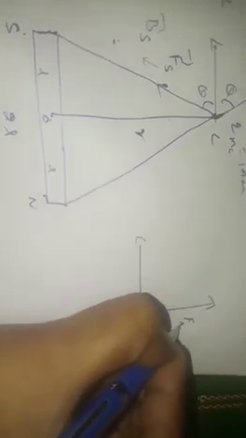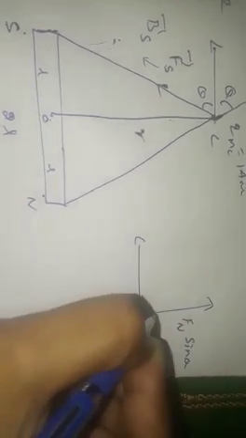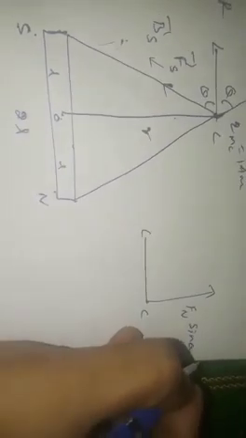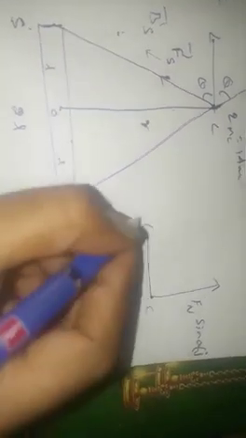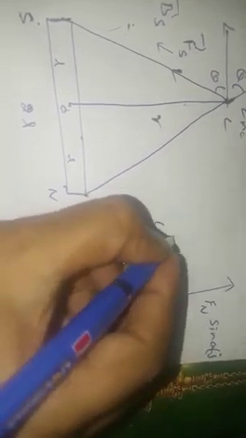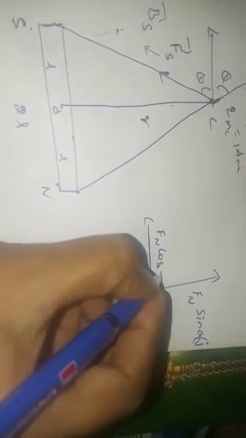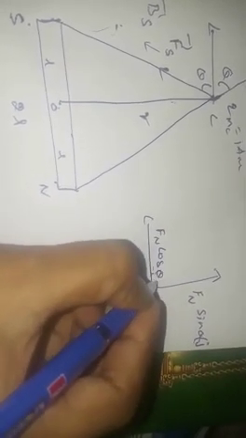Vertical is Fn sin theta, along the positive y-axis, so j cap. And it is along the negative x-axis, so it is Fn cos theta minus i cap.